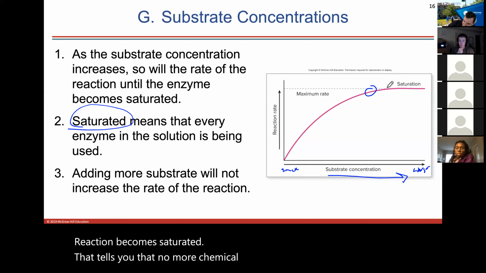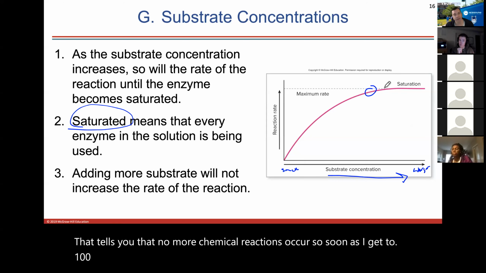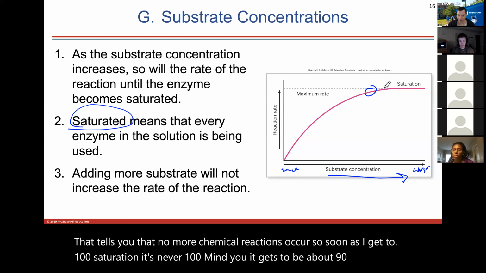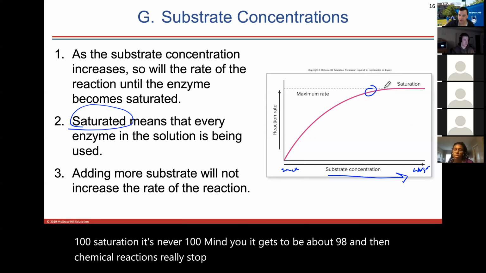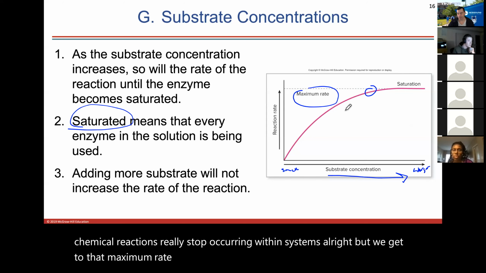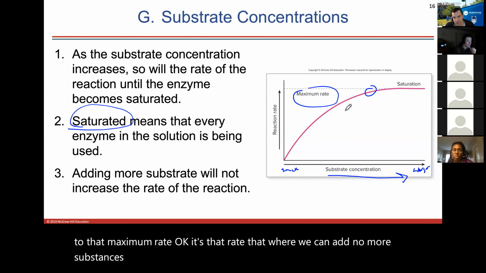So as soon as I get to 100% saturation, it's never 100%, mind you. It gets to be about 98%, and then chemical reactions really stop occurring within systems. We get to that maximum rate, where we can add no more substance because no more chemical reactions occur.